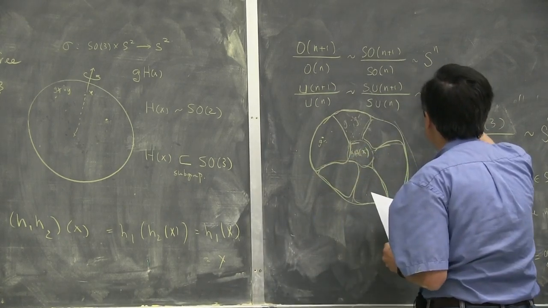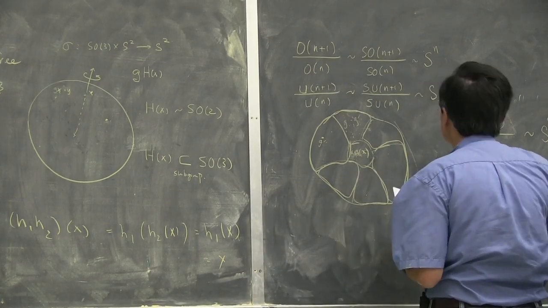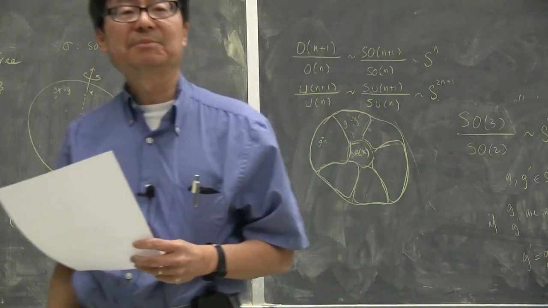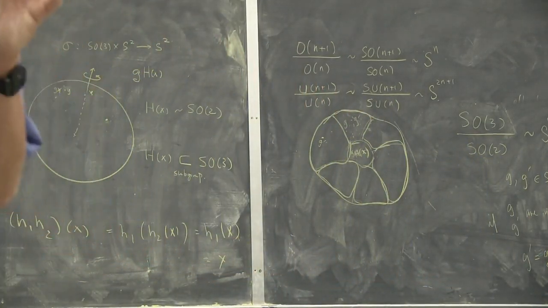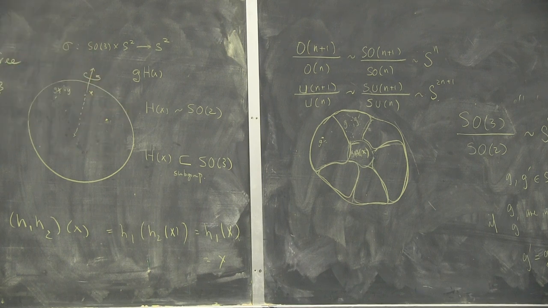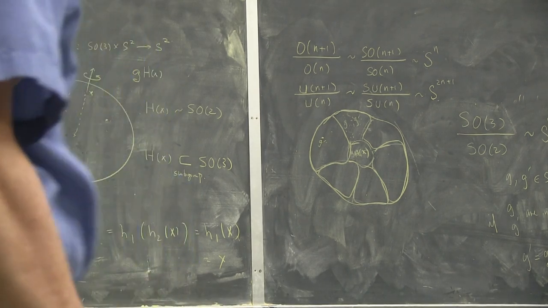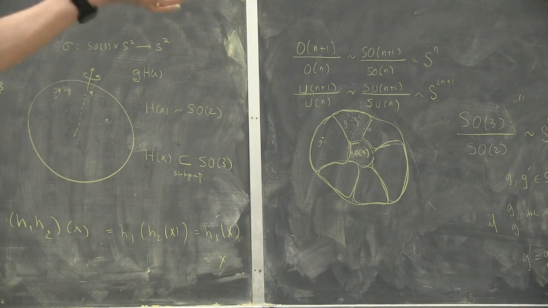It's also isomorphic to some sphere, but this time it's sphere S2n+1. That is a bigger sphere because the unitary groups are matrix elements of complex numbers, and each complex number has two real numbers in it. And so S2n+1 is a real sphere.